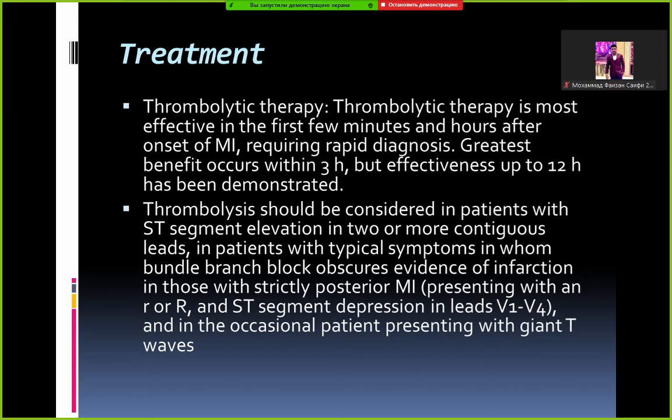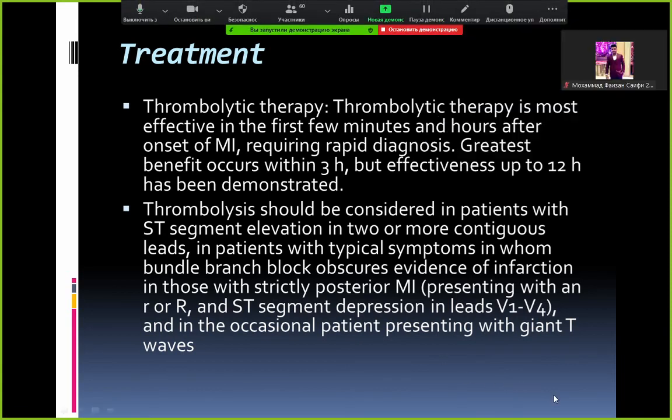Thrombolysis should be considered in patients with ST segment elevation in 2 or more continuous leads, in patients with typical symptoms in whom bundle branch block obscures evidence of infarction, in those with strictly posterior myocardial infarction, and in the occasional patients presenting with giant T waves.